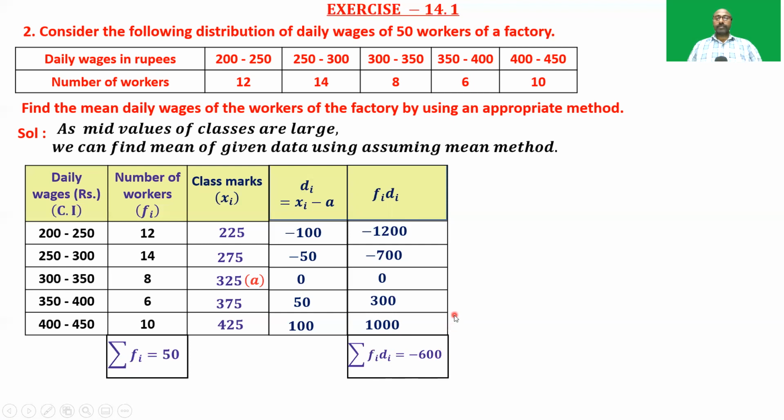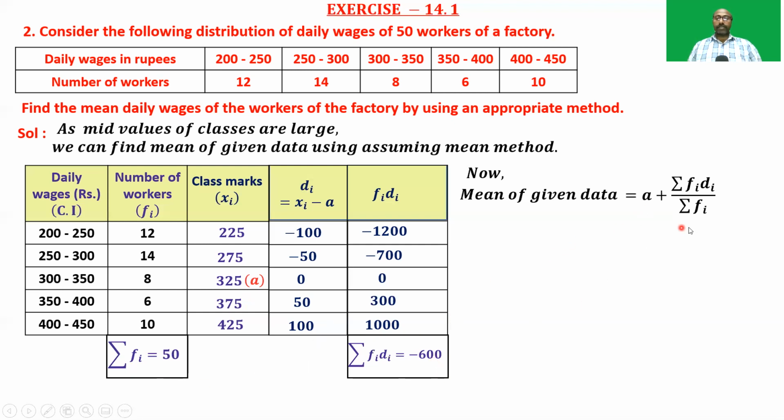Now the formula to find mean in assumed mean method is A plus sigma fidi by sigma fi. Here the value of A is 325, sigma fidi is minus 600 and sigma fi is 50.